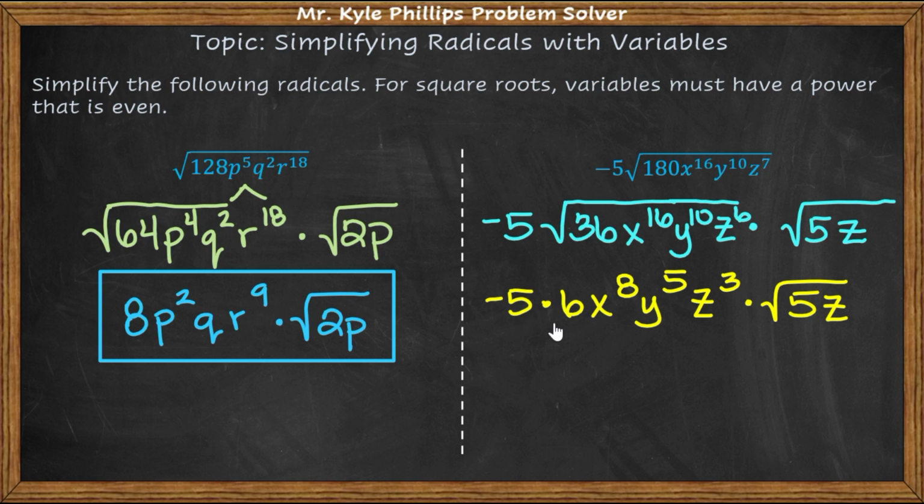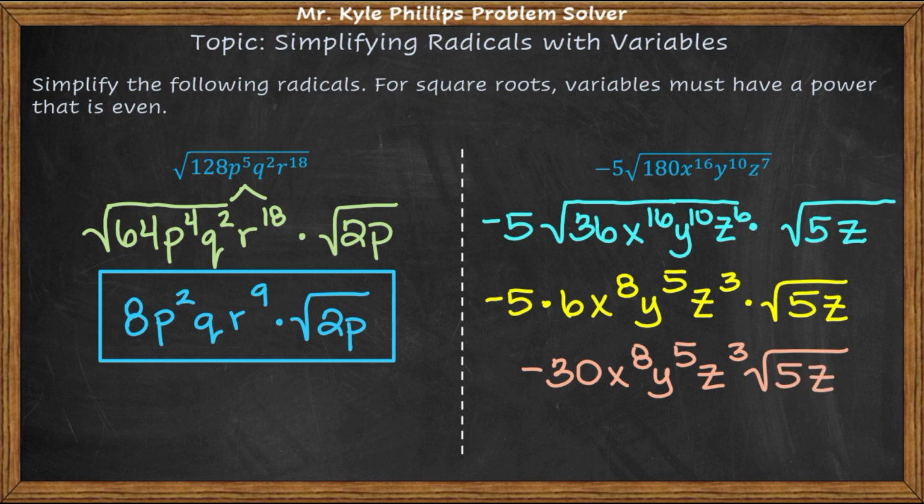So all I have to do now is to multiply -5 and 6. So here my solution is going to be -30 x to the 8, y to the 5th, z to the 3rd times the square root of 5z. And this will be my fully simplified solution.